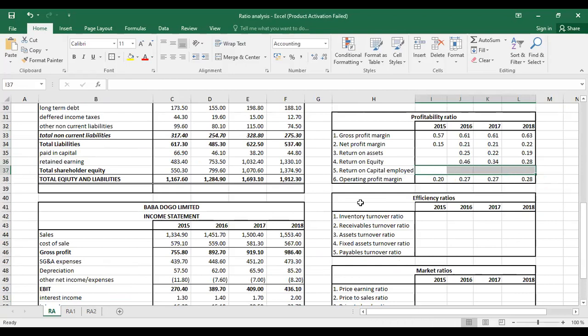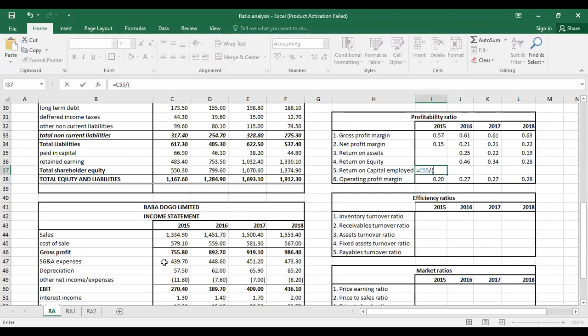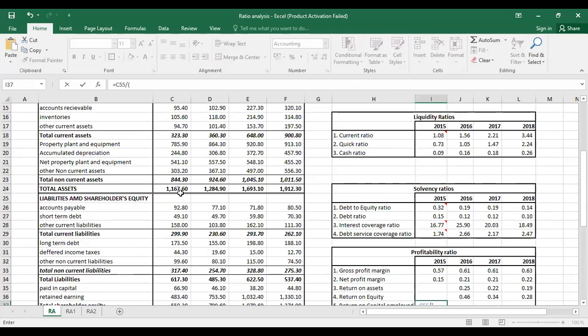So we are here on return on capital employed. Equal sign. We'll take our return, our net income, which was 196, divided by, you open your brackets, our capital employed, which will be our total assets minus current liabilities.